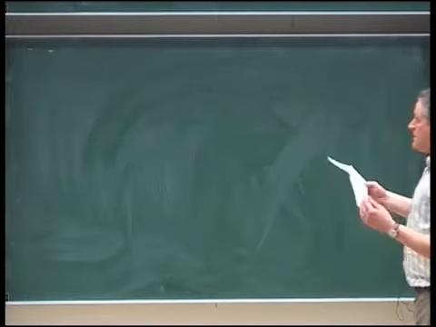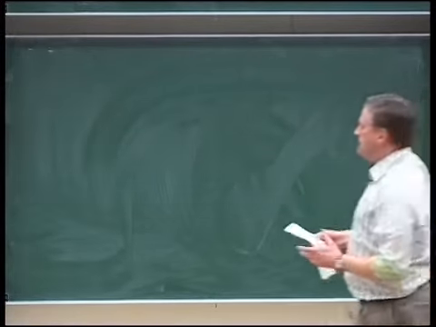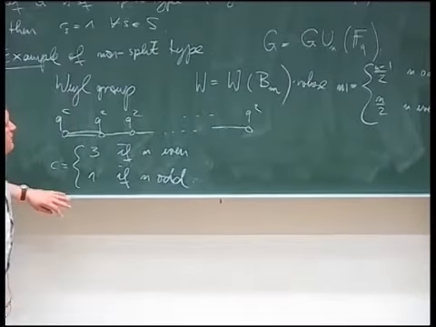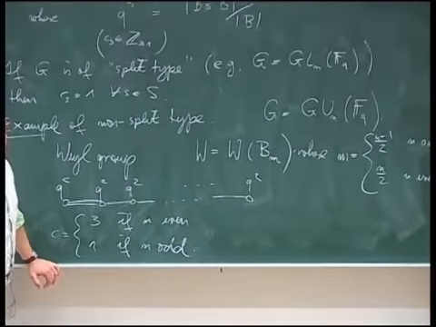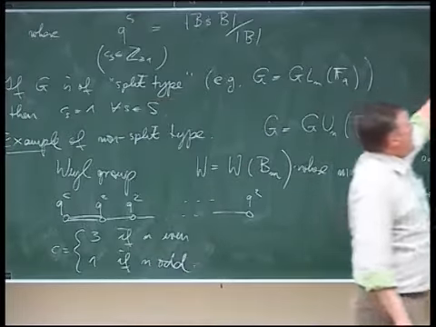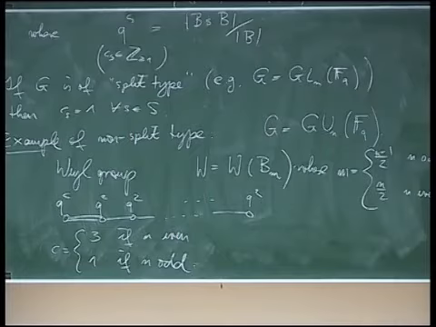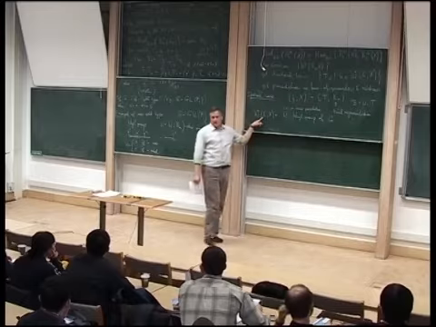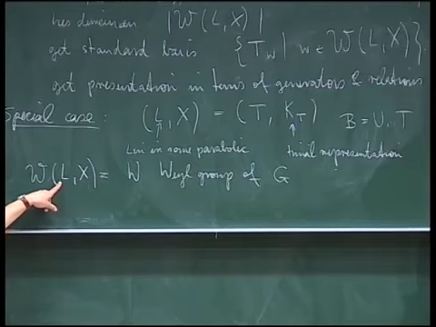Okay, so this is this special, important special case where the structure of this endomorphism ring can be described in this simple way. In the general case, as I said, there are a number of complications that arise. First of all, in general, this group is not just a Coxeter group.